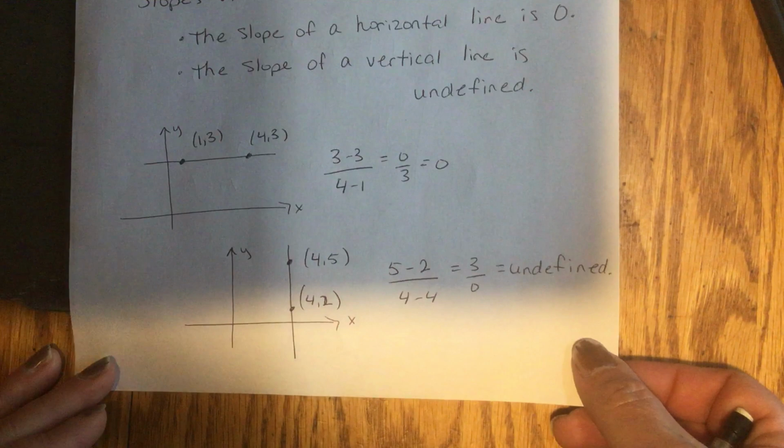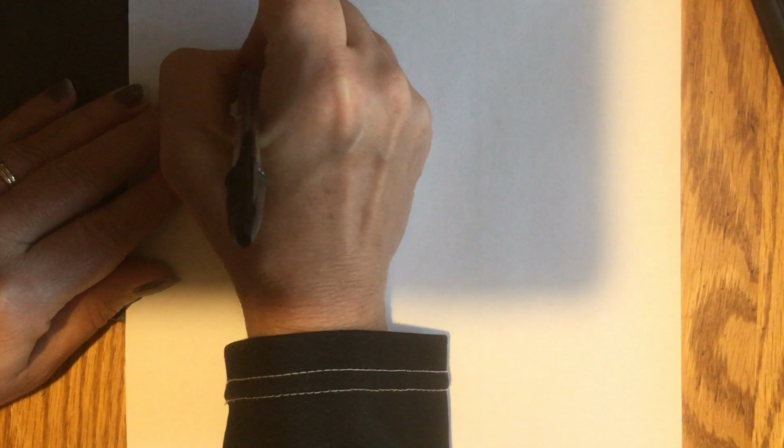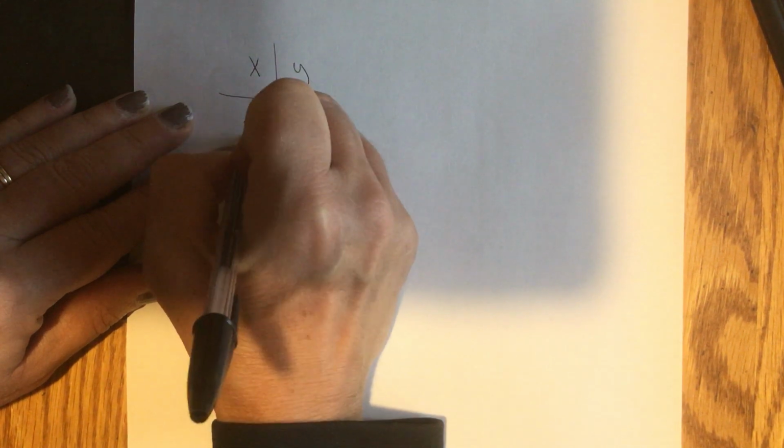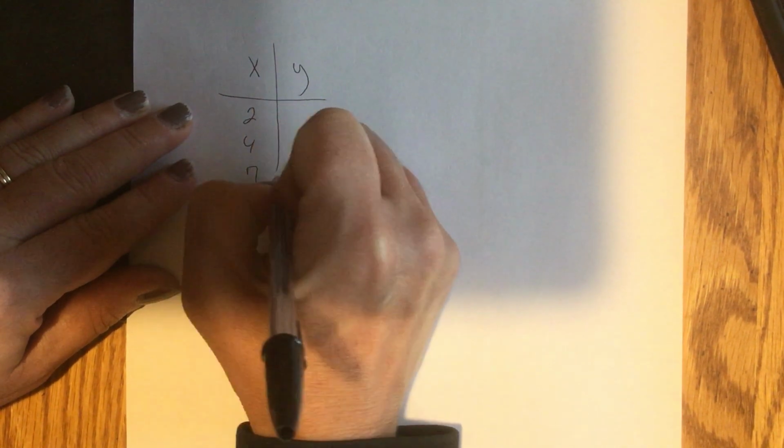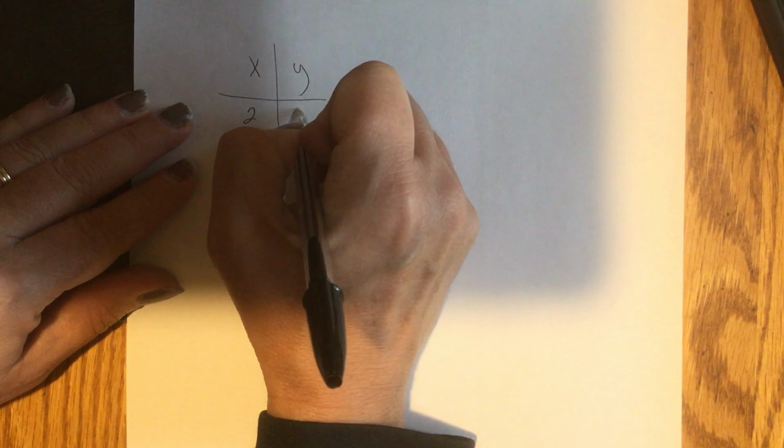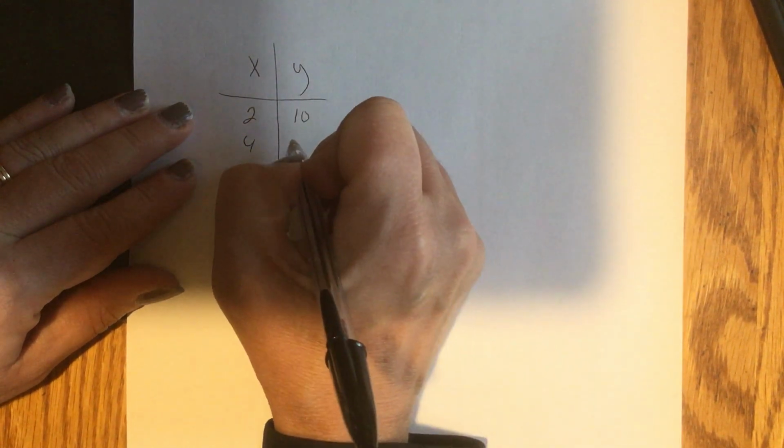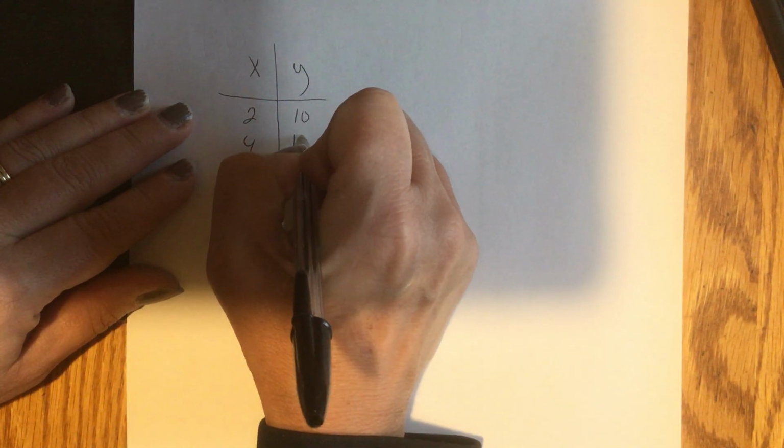Okay, so let me show you what some problems would look like. You could have a table. So x, y, and you could have the x's go 2, 4, 7. And this could be 10, and then this could go to 16. I've got to think about this to make this work.